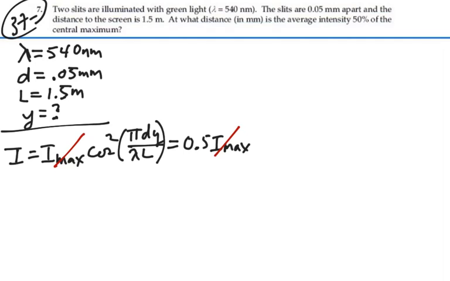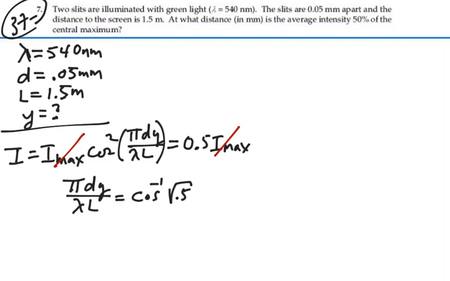If I take the square root of both sides and the inverse cosine, I would have that pi d y over lambda L is equal to the inverse cosine of the square root of 0.5.